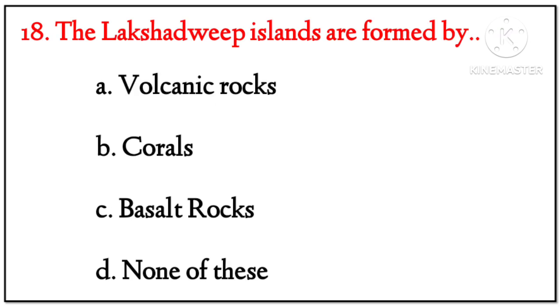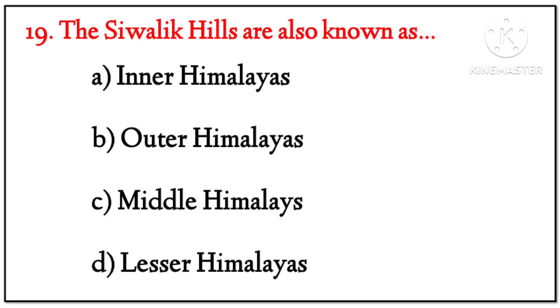18th, the Lakshadweep Islands are formed by: volcanic rocks, corals, basalt rock, none of these. Our right option is the second one, corals. 19, the Sivalik hills are also known as: Inner Himalayas, Outer Himalayas, Middle Himalayas, and Lesser Himalayas.